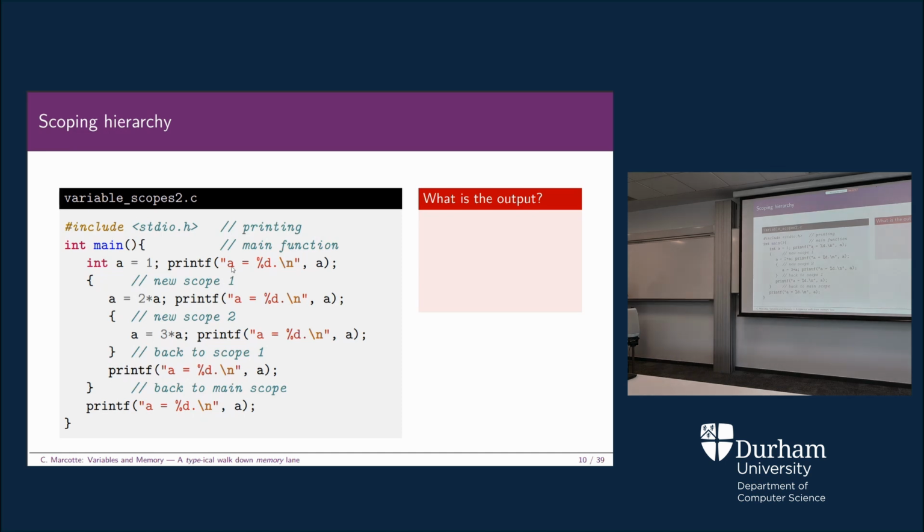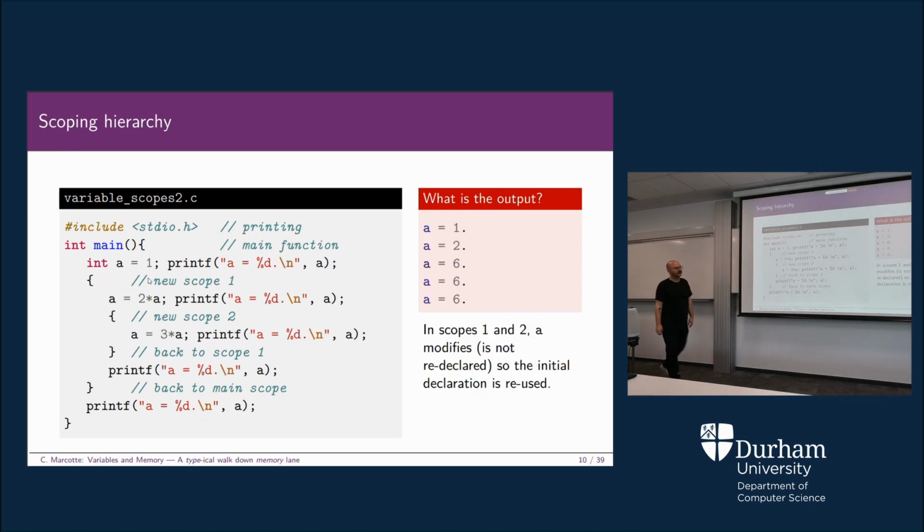So the first line is 1, and then the second line is 2, and the third line is 6, and what is the fourth? 1, 2, 6, 6, 6. So in scopes 1 and 2, a is modified, it's not redeclared, so the initial declaration is reused. You can imagine if these were complicated functions rather than just assignments and printing, this could be quite hard to follow.